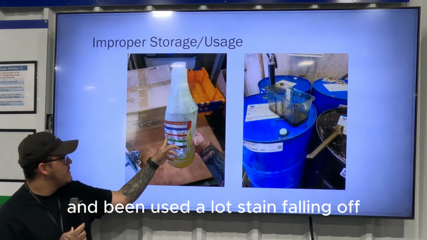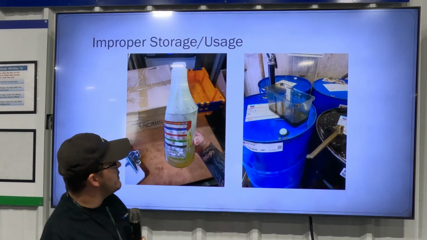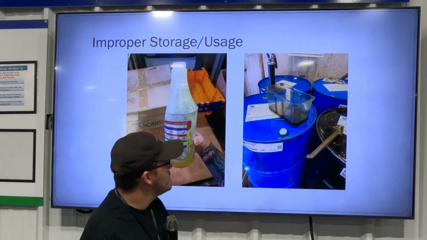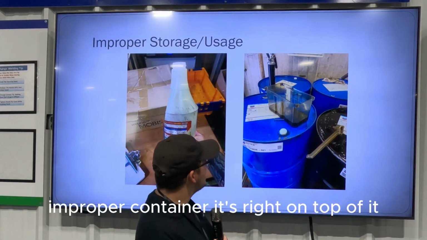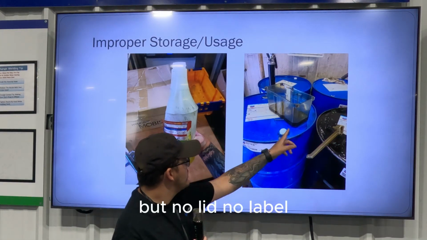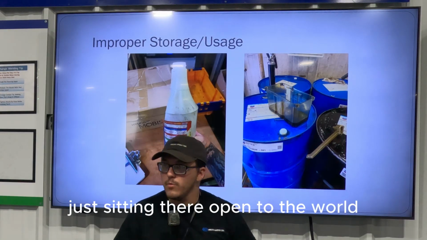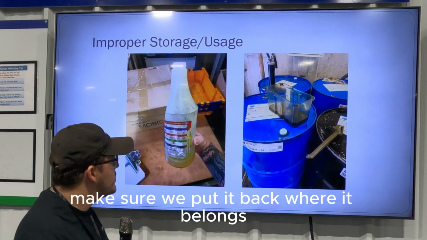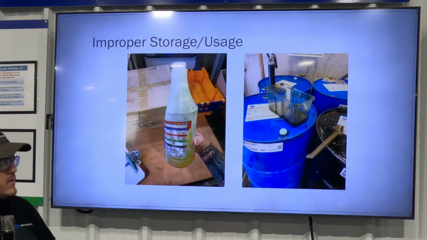It's stained, falling off. It done faded away. All right, what about this picture? Improper container. It's right on top of it, but no lid, no label. It's just sitting there, open to the world. Make sure we put it back where it belongs. If it's used, put it in the used oil container.